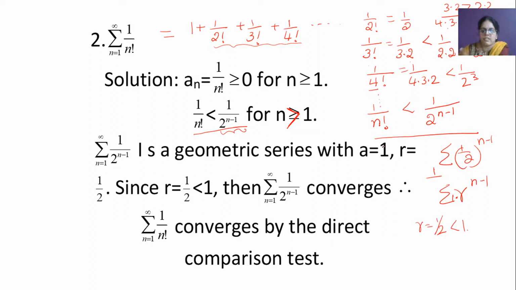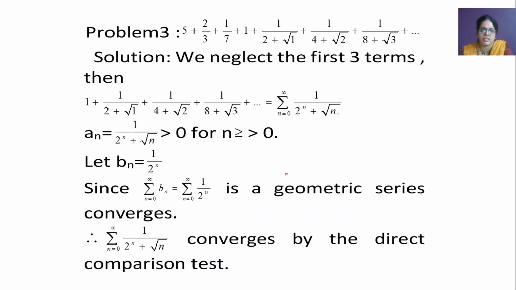Just now we have seen that the geometric series converges if r is less than 1. Therefore, this right hand side is of the type an less than bn, where sigma bn is a geometric series, it converges. Therefore, sigma an, that is sigma 1 by n factorial, also converges by direct comparison test.